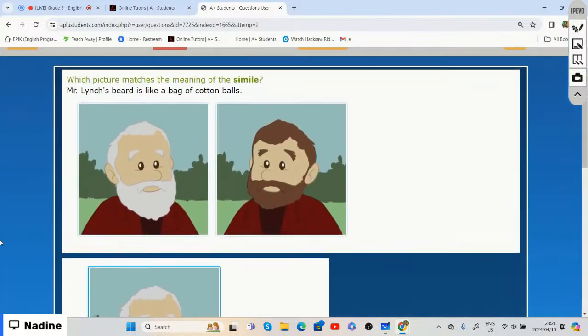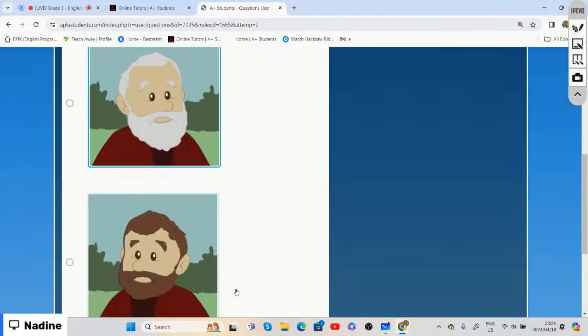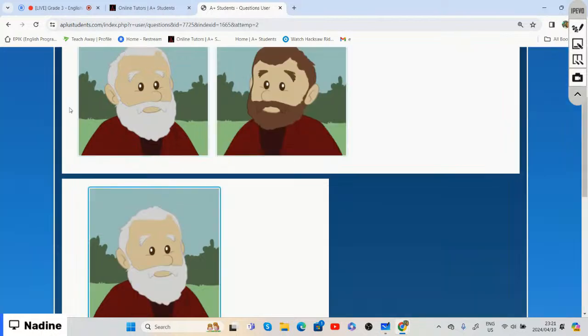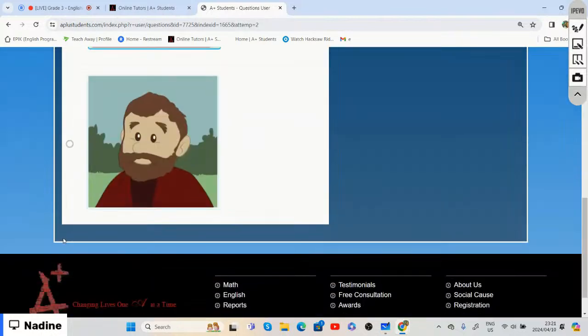All right. So once again, it says Mr. Lynch's beard is like a bag of cotton wool. Is it the first option or the second option? If we choose the correct one, we can say it is the first one, right?